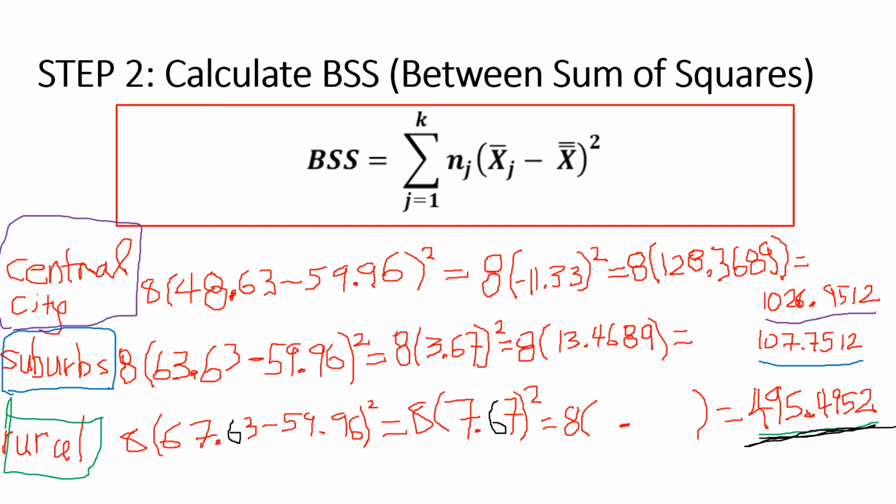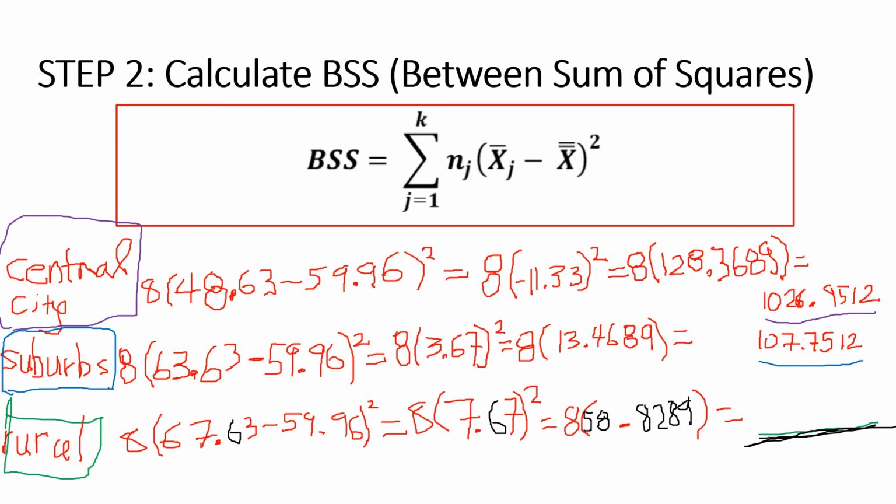So it is 58.8289. So there's 5, there's 8, and then 8, 2, 8, 9, which then changes this to be 470.